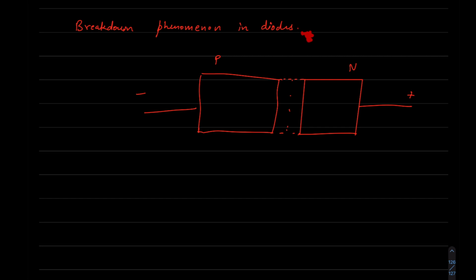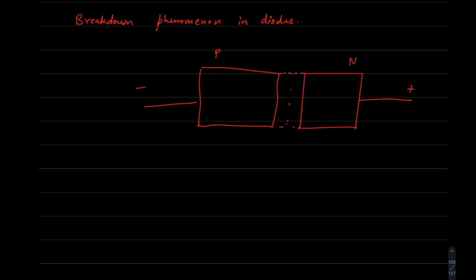There are two breakdown mechanisms that exist in diodes, which are Zener breakdown and avalanche breakdown. In Zener breakdown, the electric field established due to the reverse voltage is high enough to get the electrons out of their covalent bonds and away from their parent atom.